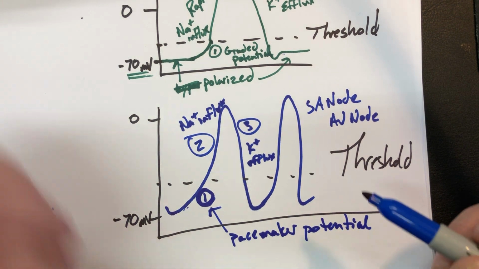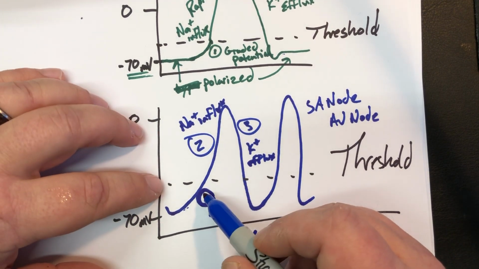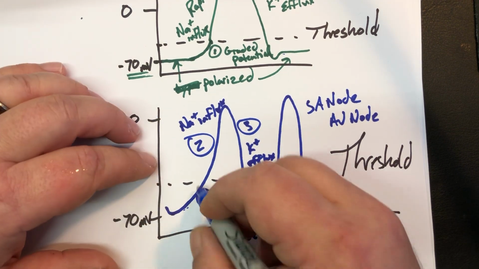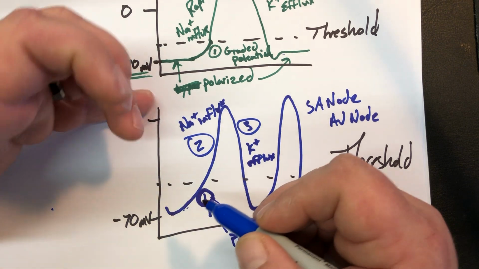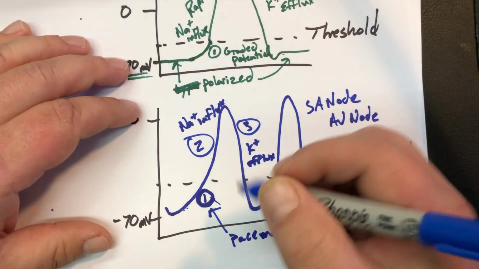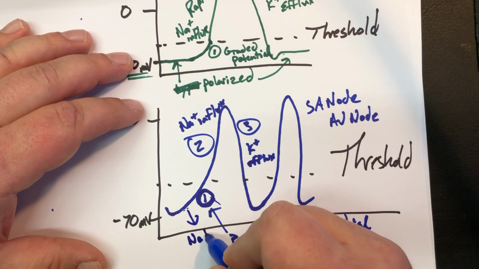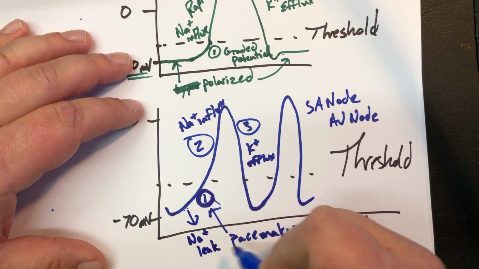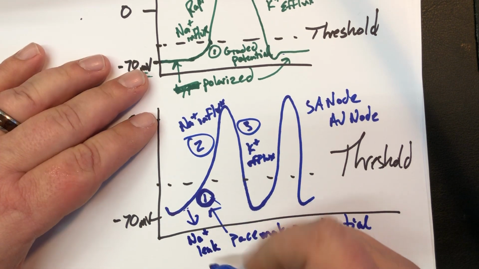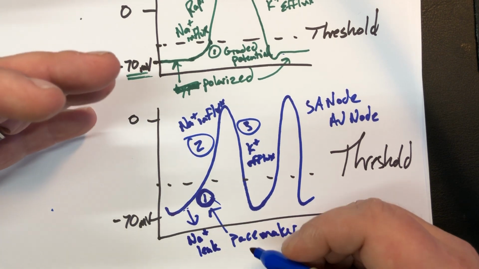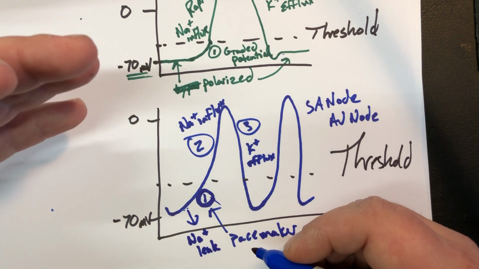And so what that means is that there must be either a large amount of sodium leak channels, right? So this is depolarizing, so sodium has to be coming into the cell. So there has to be either a large number of sodium leak channels, or there have to be a bunch of chemically gated sodium channels.